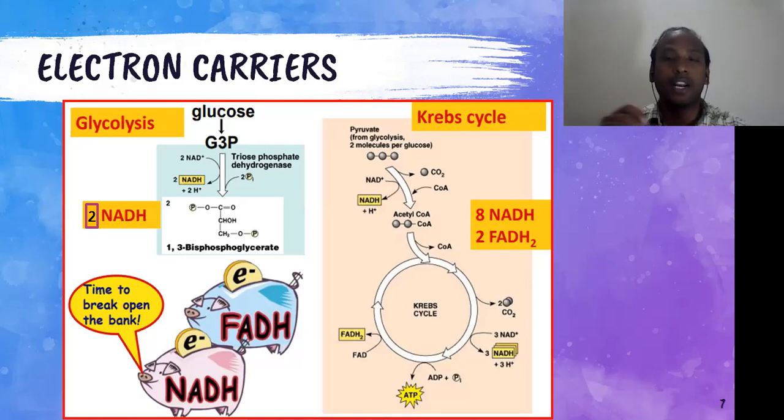Two molecules will be converted, so two NADHs form in glycolysis. And in the Krebs cycle, initially the pyruvate is converted into acetyl-CoA.